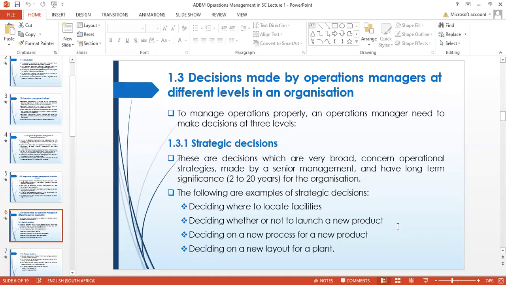Right, it is the senior management. And these decisions are long-term decisions. Like when deciding where to locate a facility, a business cannot locate a facility for 1 week and then change and go somewhere else. It locates facilities for a long period of time.